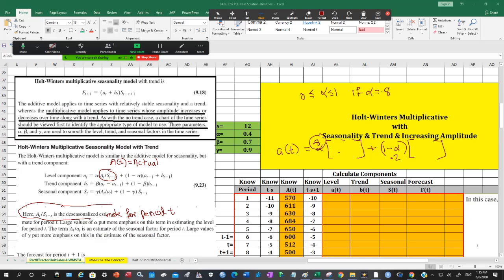So 0.8 of this, the deseasonalized factor, A of t over S of t minus S, we will count more than whatever is here. And here you have A of t minus 1 plus B of t minus 1.